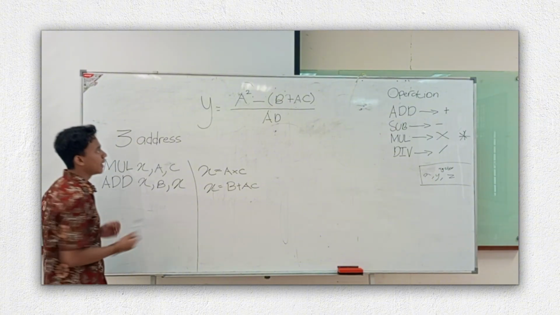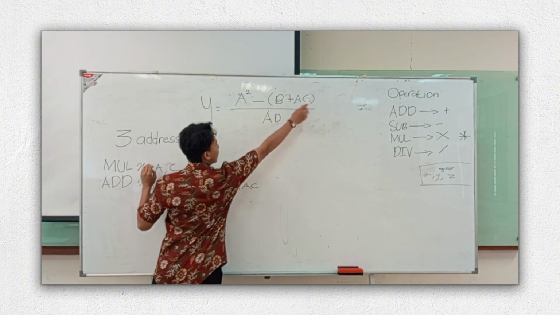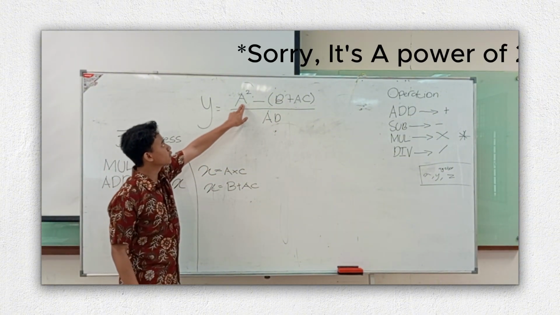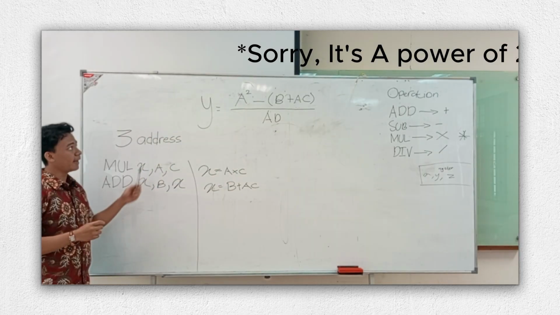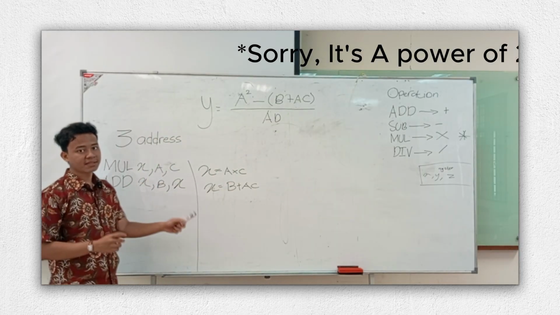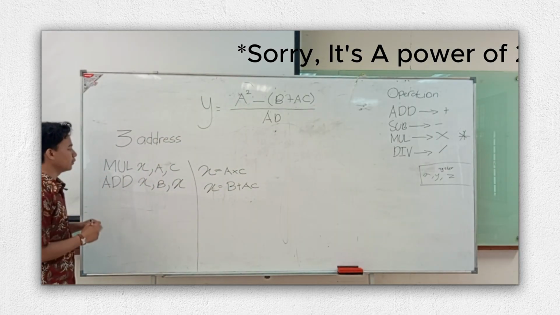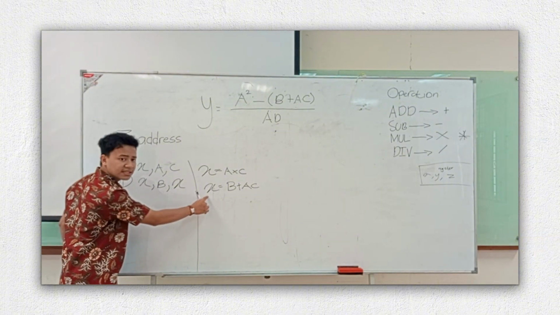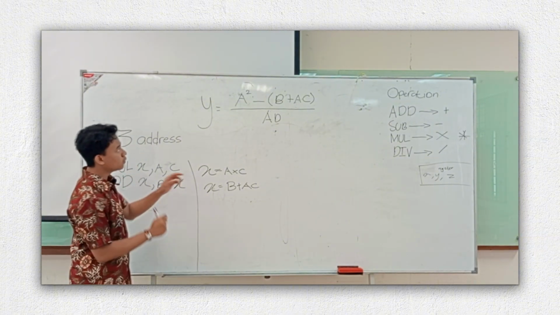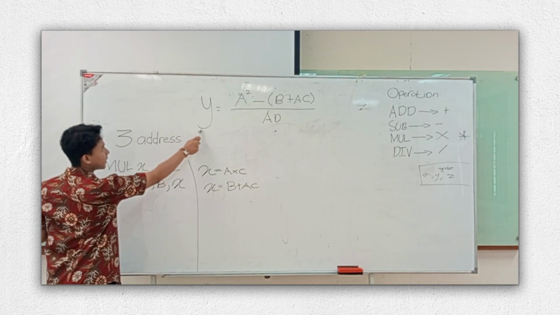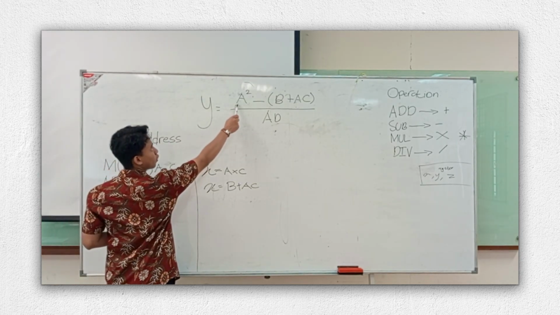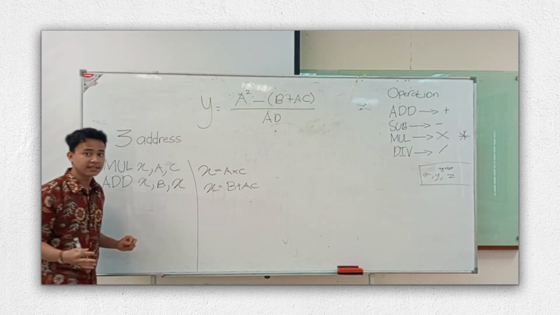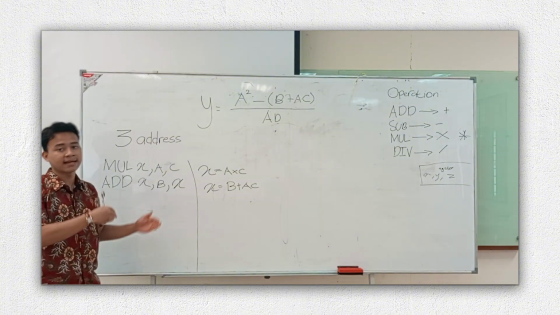Next, in this first part, we can see there is A to the power of 2. A squared equals A times A. As you can already see, the X register has been used. Now let's use Y because it's near to the first operations, which will make it much easier for us to execute at the last.